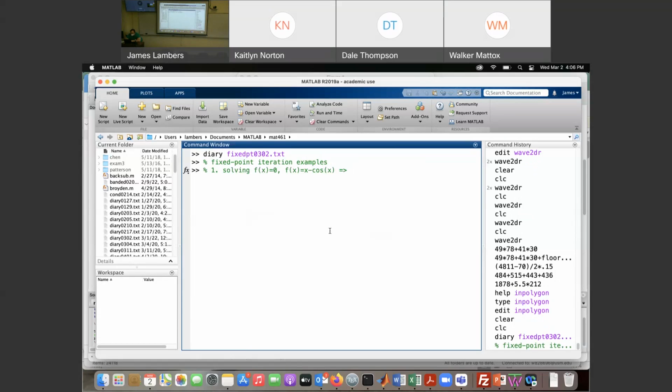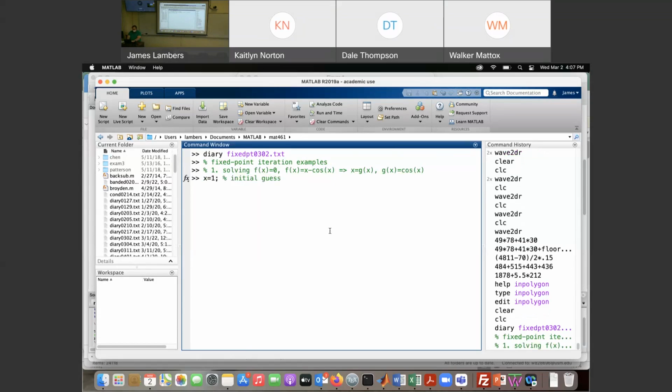So we're solving x equals g of x, where g of x is just cosine x. I'll just choose the initial guess x equals 1. For the fixed point iteration, all you've got to do is set the new x equal to the function g of the old x, which in this case is cosine.